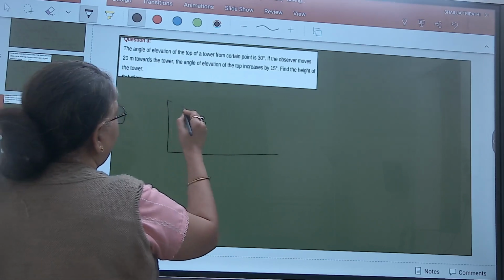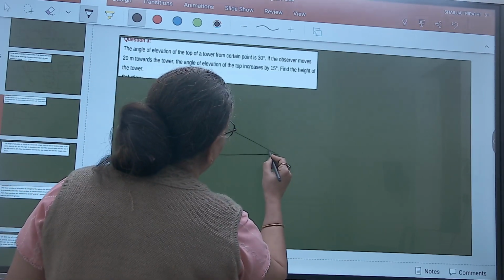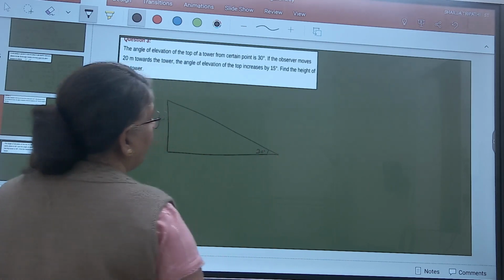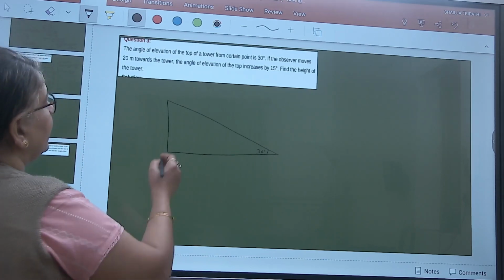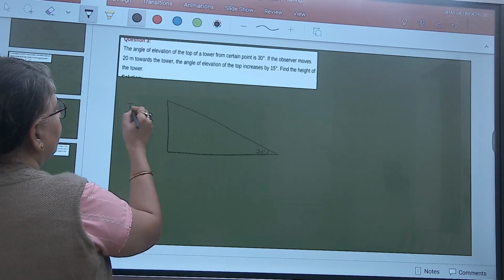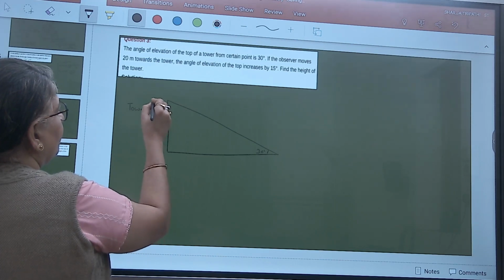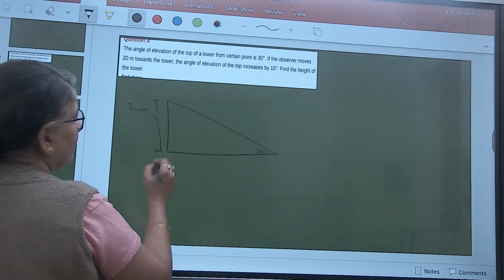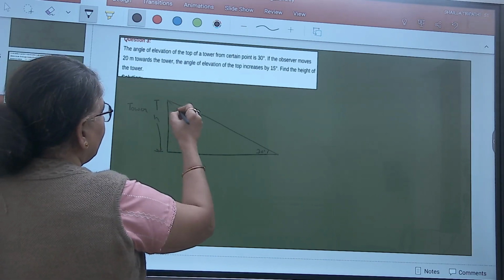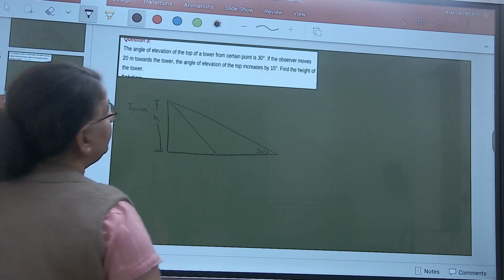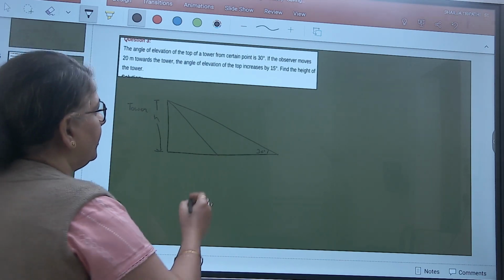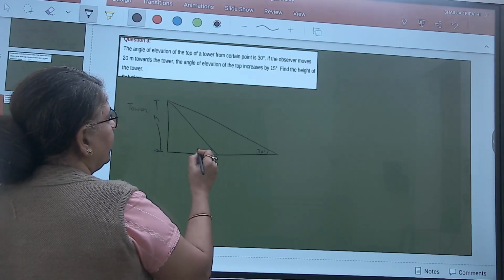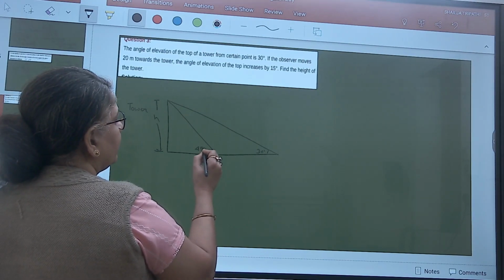the angle of elevation from a certain point is 30 degrees. And the observer is moving towards the tower. This is our tower of height h. When the observer moves 20 meters towards the tower, the elevation increases by 15 degrees, that is, it becomes 45 degrees.